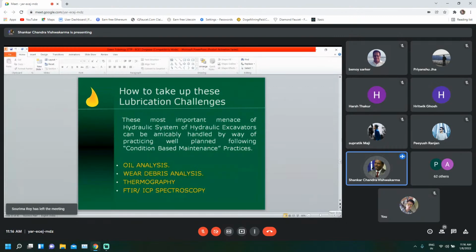Now to take up the issues related to lubrication, or lubrication challenges in the industry. Most of the maintenance of the hydraulic system of a hydraulic excavator can be amicably handled by practicing well-planned condition-based maintenance.